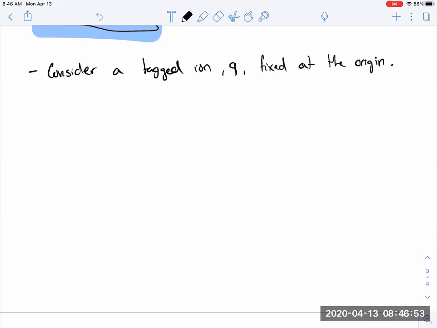A sharp question we can ask is, given that tagged ion at the origin, what is the distribution of other ions around it?